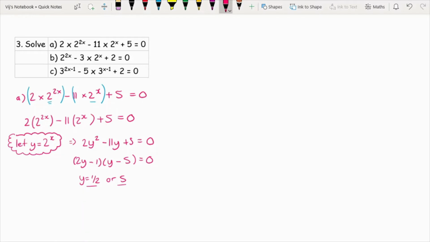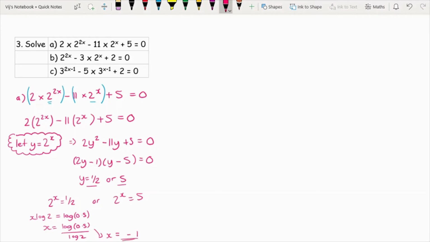So what we've then got is 2 to the power of x equals a half, or 2 to the power of x equals 5. If you go back and look at what we did before, I take the log of both sides, and I'm just going to jump a stage because I'm running out of space. So x equals log of 0.5 over log 2, so in this particular case, x equals minus 1.